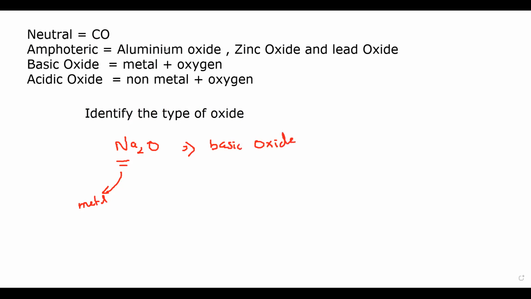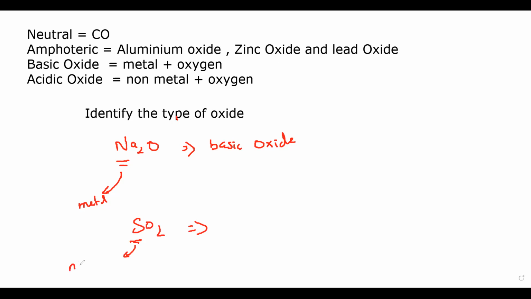So first I have to check whether the example belongs to any of these examples such as aluminium, zinc or lead or carbon monoxide. If it does not belong to these four examples, then I will check the element which is present. If the element present is a metal, then it is a basic oxide. Same way, if I say sulfur dioxide, you will first check the four examples, three for amphoteric, aluminium, zinc, lead, and one neutral, carbon monoxide. So this is sulfur.